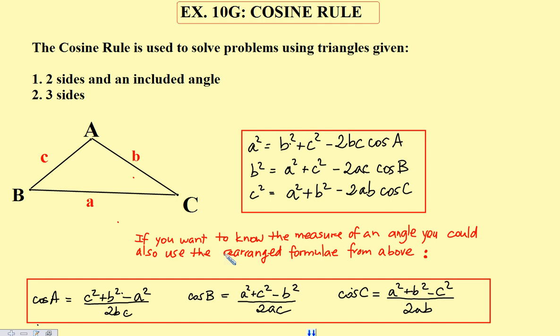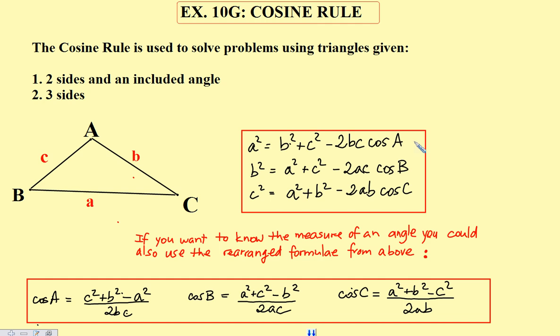Now, instead of finding the length of a side, if we wanted to figure out the measure of an angle, we could still do it from these formulas and just isolate for cos of A, cos of B, or cos of C, and then do cos inverse.